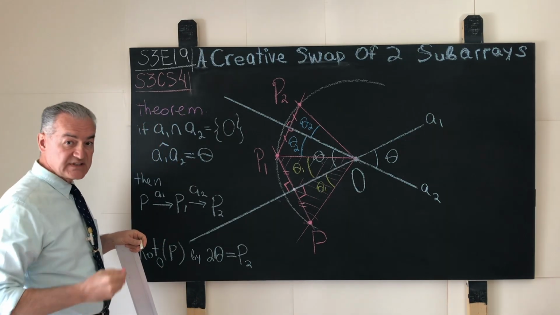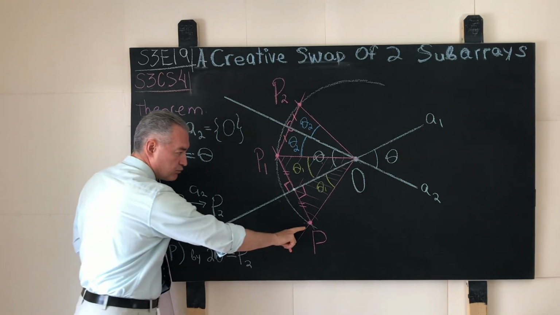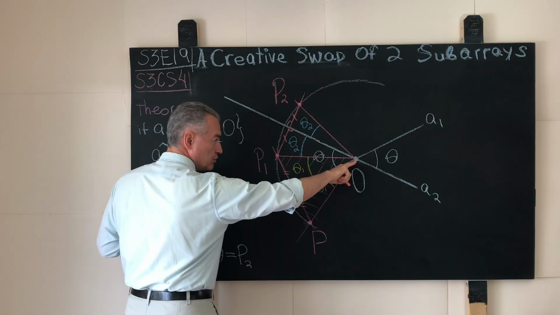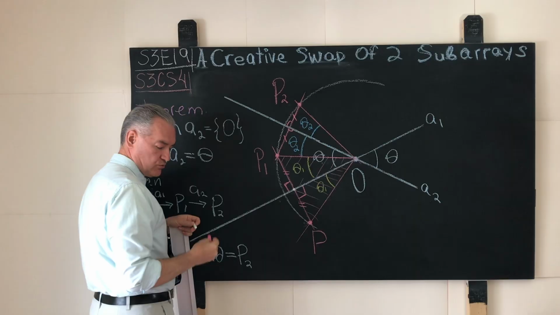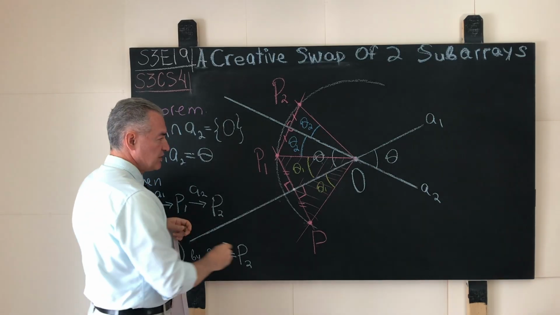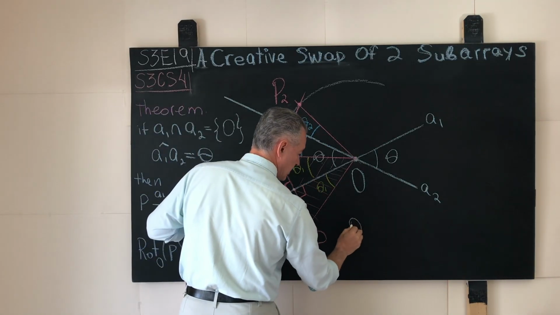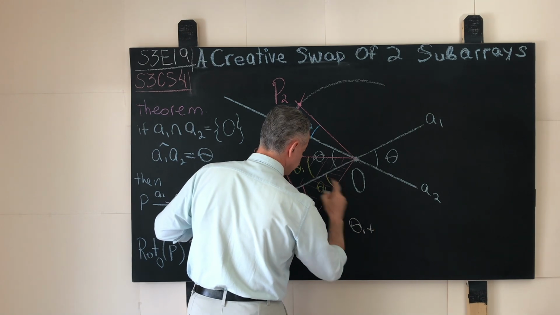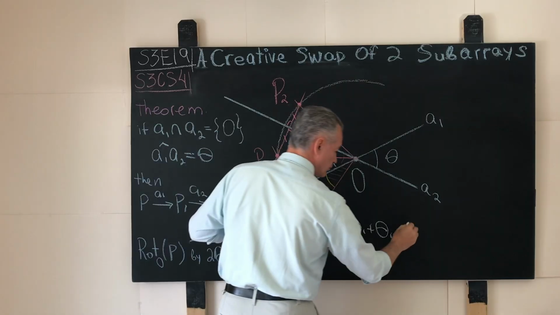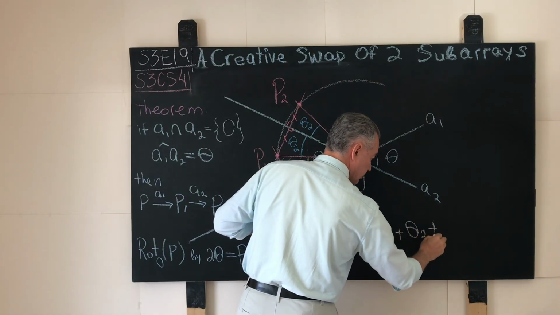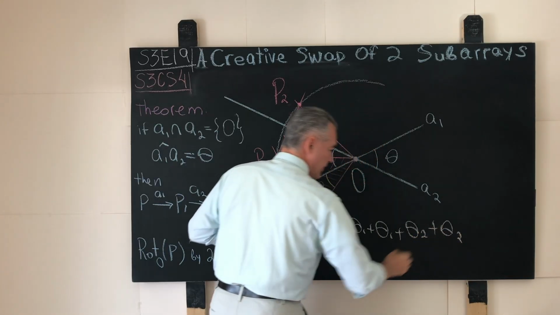So what is the angular displacement of our point P with respect to the point O in the chosen direction into the point P2? Well, that angular displacement is given by what? Look at this. Theta 1 plus theta 2 plus theta 2 plus theta 1.